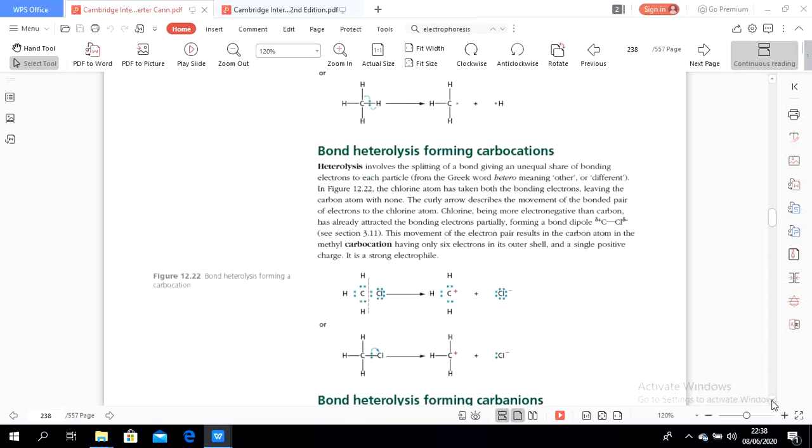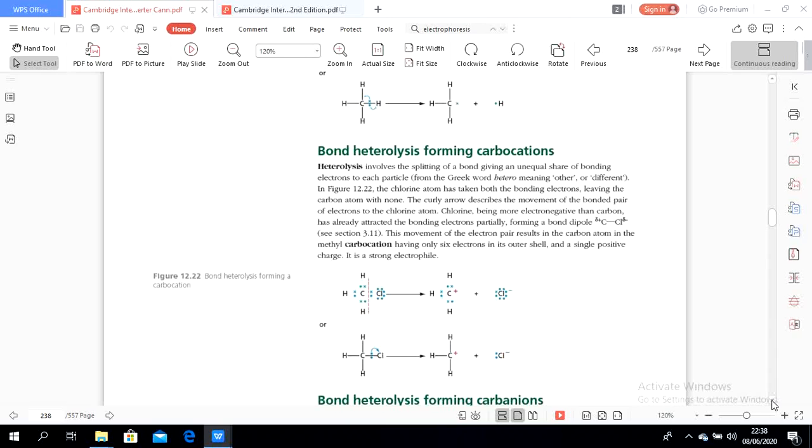And then heterolytic fission, or hydrolytic fission. It is the breaking of a bond of a molecule to form an electrophile and a nucleophile. Why is it electrophile and nucleophile? Because one atom can lose its electron, while the other atom takes the electron from the other atom. Why is it taken? Because there is an electronegative atom.